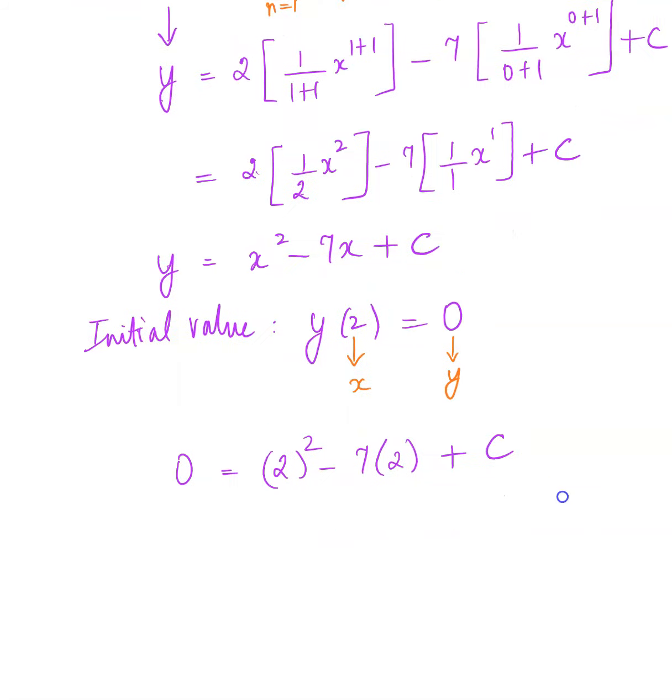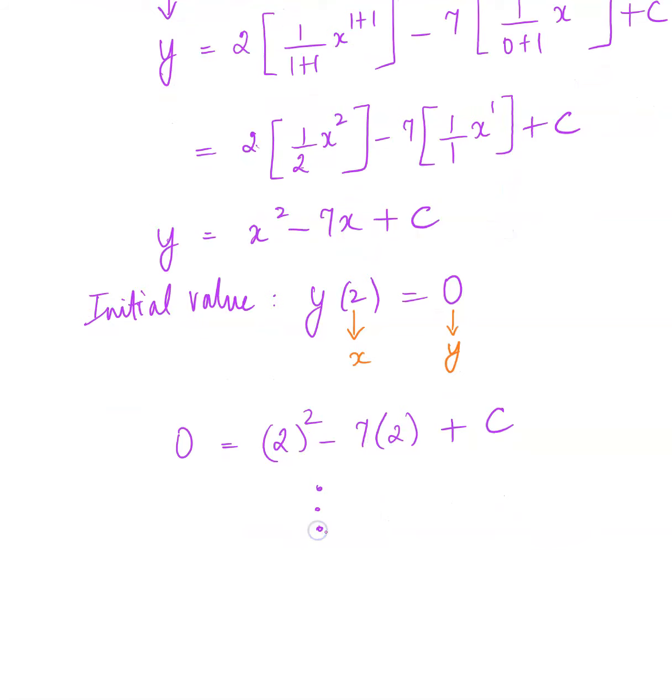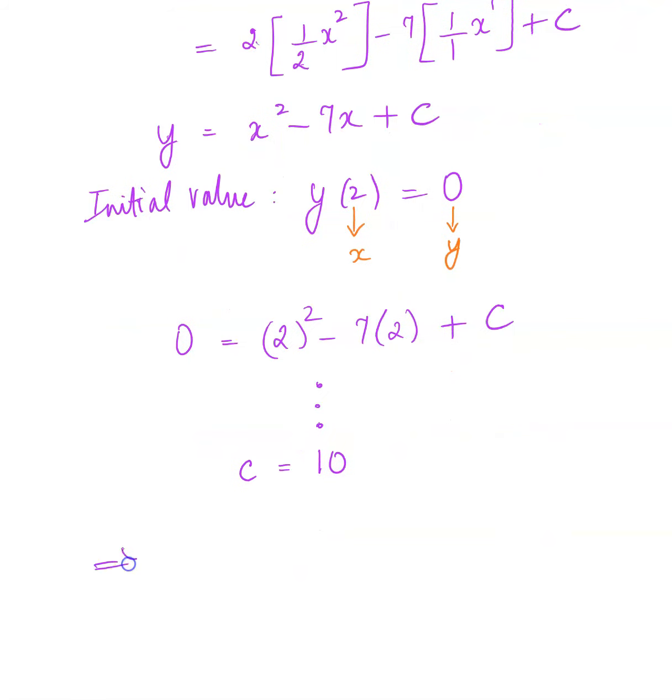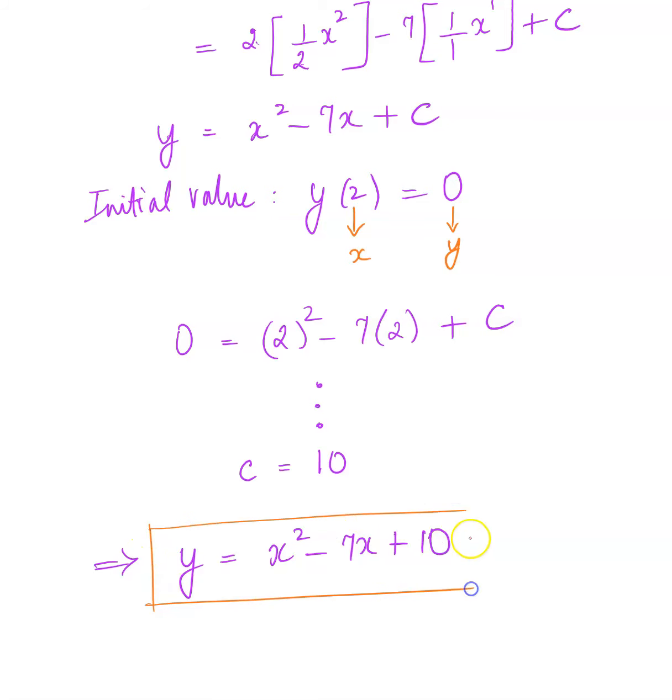Do the math there, and put these 3 dots to show that you did some algebra to get the c. So your c comes out to be 10. Now you go back and say we found the y, and that is x squared minus 7x plus 10 as the specific answer for the given initial condition.